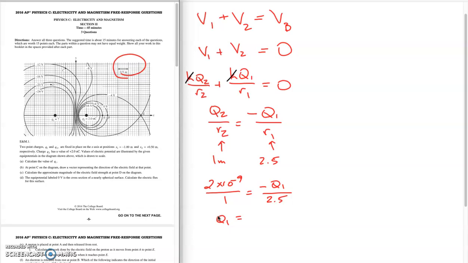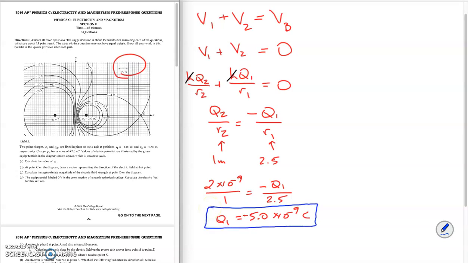Rearranging, we're going to cross multiply, so 2.5 times 2 is going to be 5.0 times 10 to the minus 9th coulombs, and then this minus sign has to come over, so we're going to have a minus 5. So Q1 is going to be twice as big and negative of Q2.